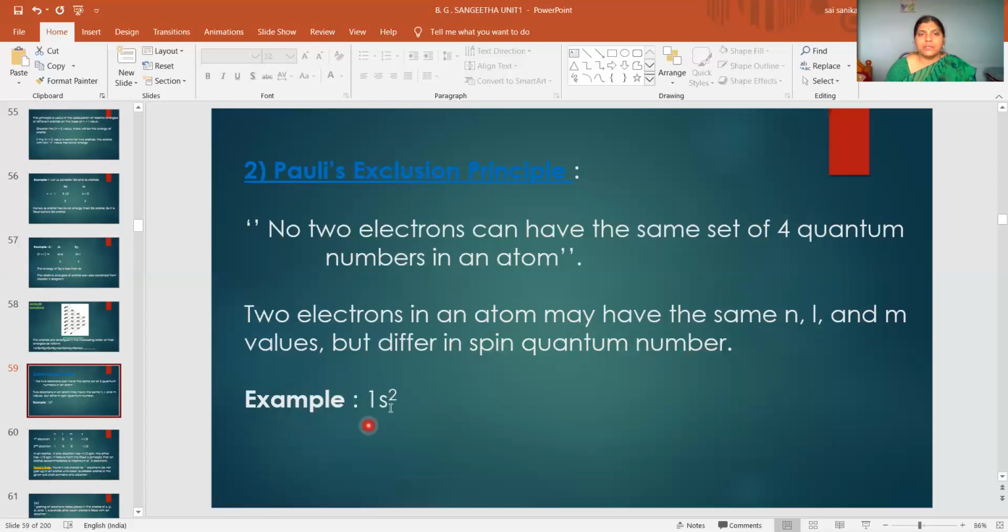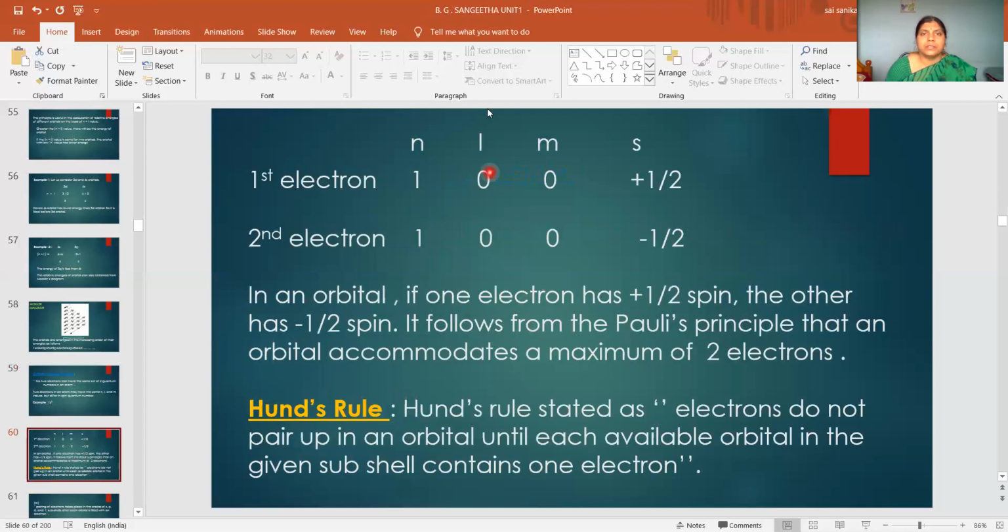We'll consider the first example; if I give the example, then you will clearly understand. The first example, 1s2. This is the configuration for the helium atom. In 1s2, you have 2 electrons. For the first electron, which orbit is it in?